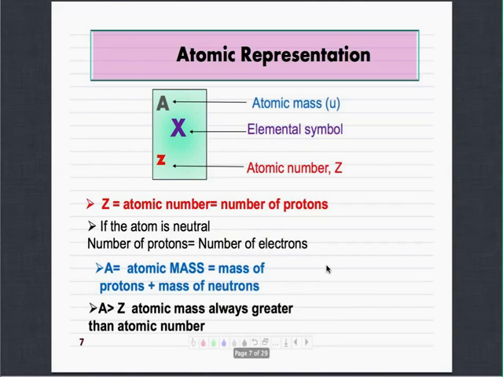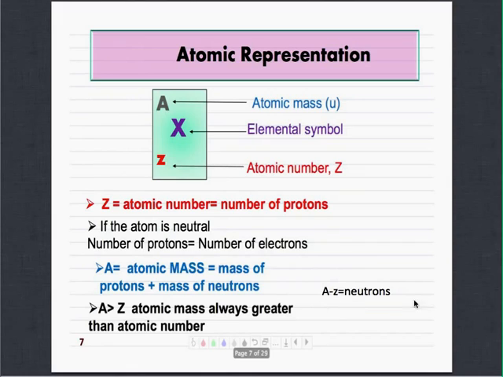From now on, if I know the number of protons, we can consider A approximately to be the number of protons plus neutrons. So to find the number of neutrons, it is A minus Z. But you need to know that this is an approximation and isn't exactly the same.